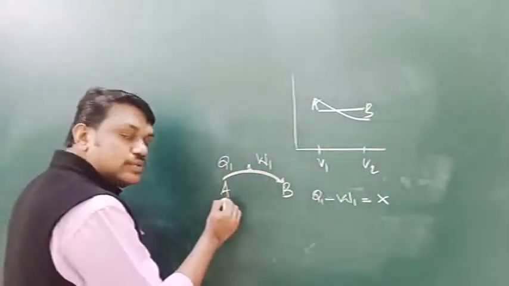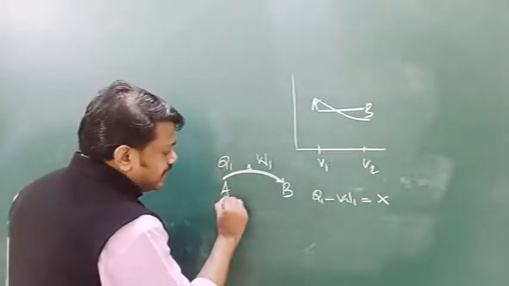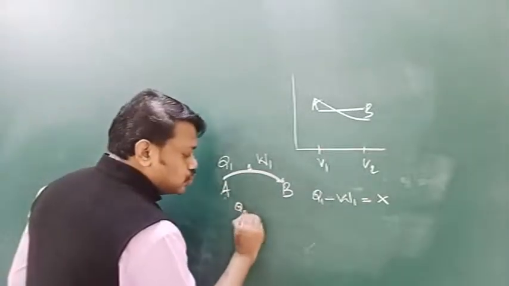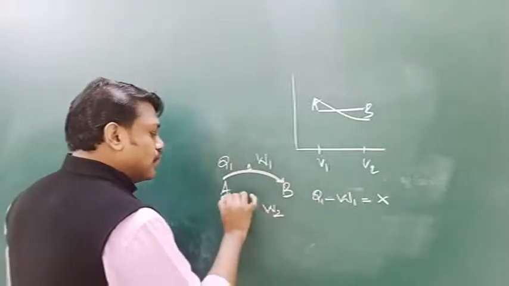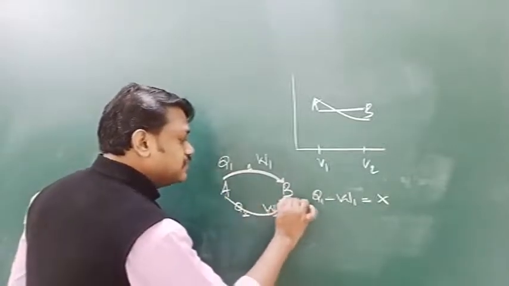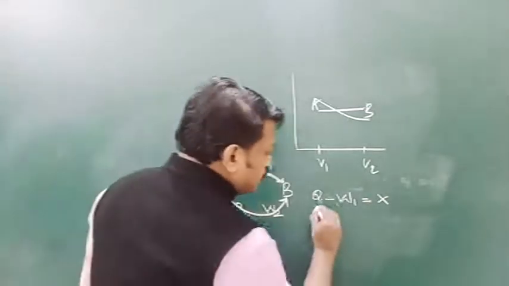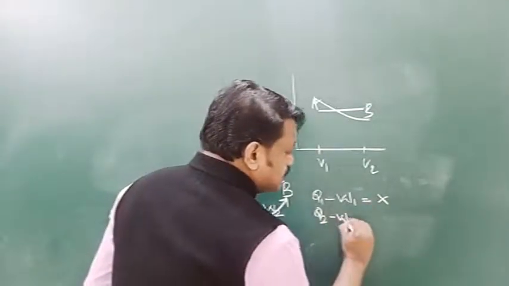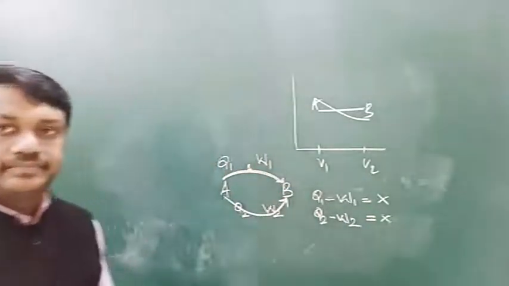The system is taken back to state A, supplied with heat energy Q2, and it does a work W2. Then it comes to the same final state B. Again, Q2 minus W2 we calculate, and that is also found to be X.